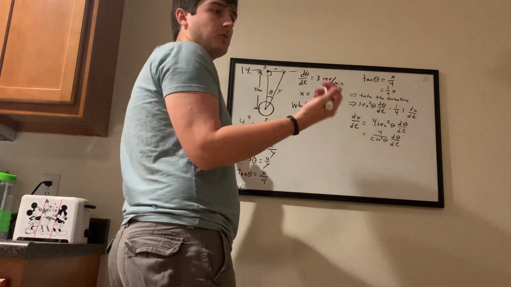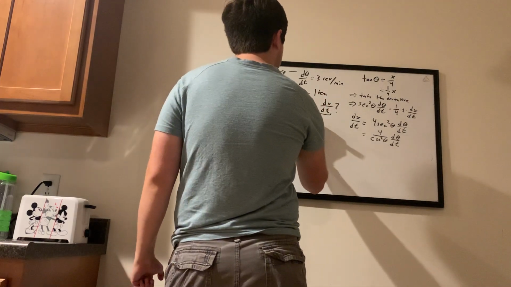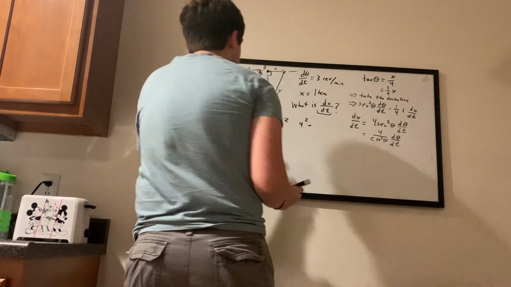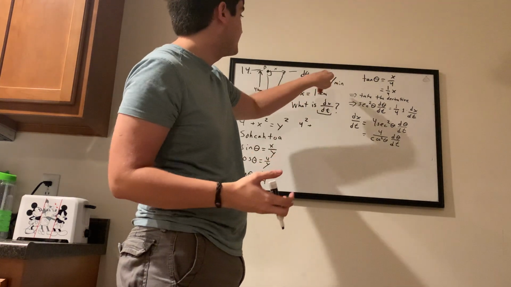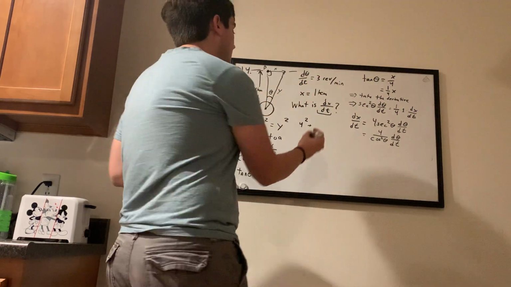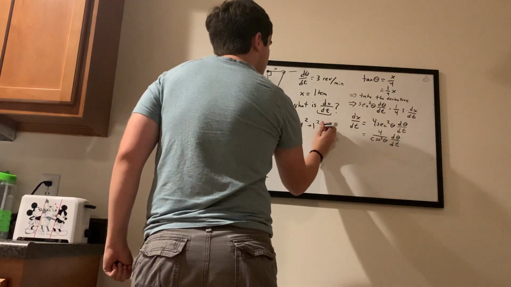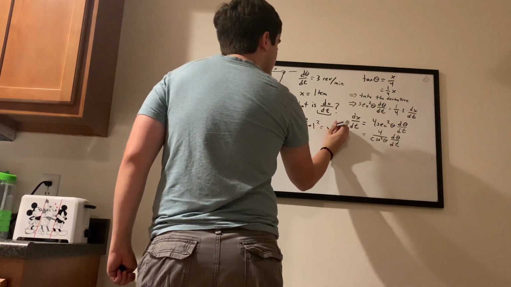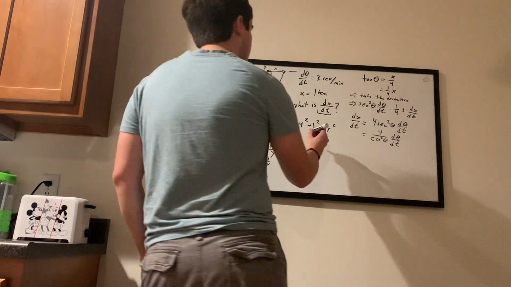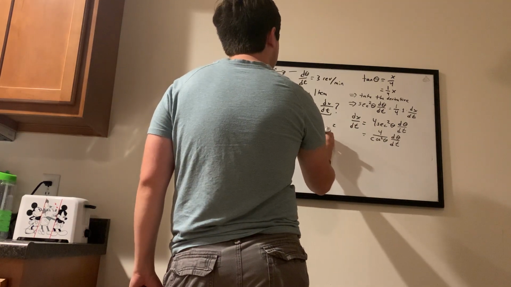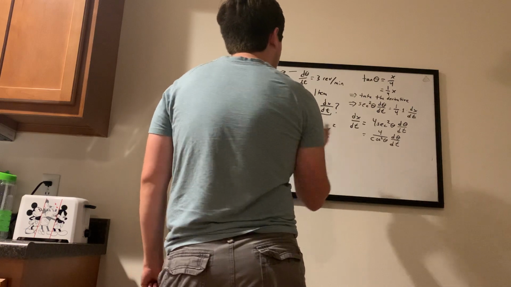So I know we have 4. That's always going to stay the same. 4 squared plus x, which at this current point is 1 kilometer, and this is going to be equal to y squared. Whenever you add this side together and take the square root, we're left with y equals the square root of 17.